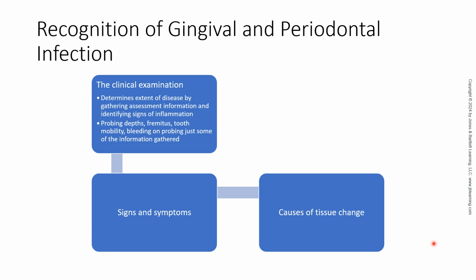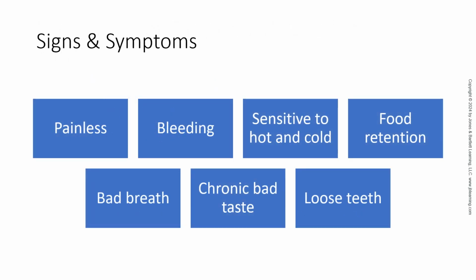Infections are confined to the gingiva, and periodontal infections include all parts of the periodontium, including bone and cementum. And remember that gingivitis is reversible. Signs and symptoms: the patient may not feel any pain at all, or they might notice bleeding when they brush or floss, or spontaneous bleeding.